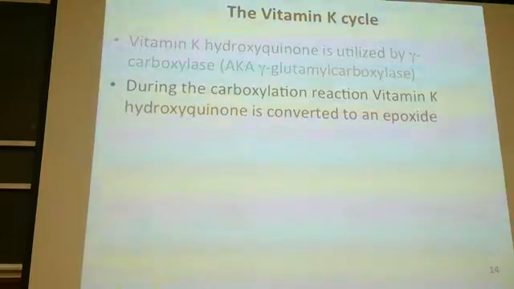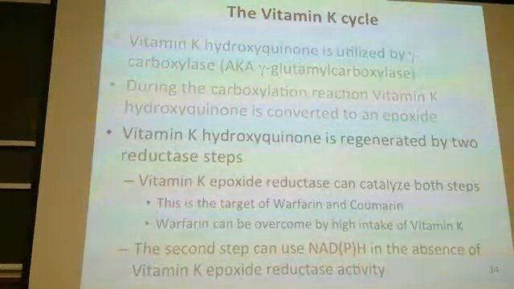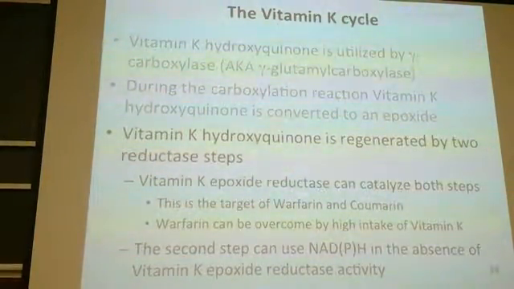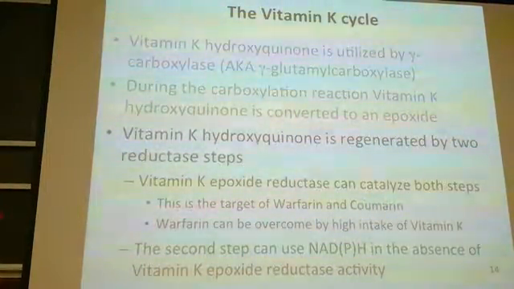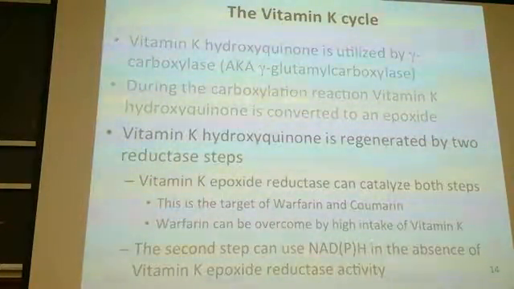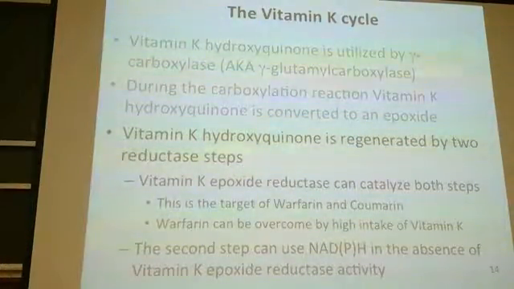So it has to be recycled. This is done through two reductase steps that are normally mediated by vitamin K epoxide reductase, which is also the target for these blood thinners. The second step, though, can be overcome by high intake of vitamin K because there's another pathway that uses NADPH to reduce vitamin K. So you could overcome this.